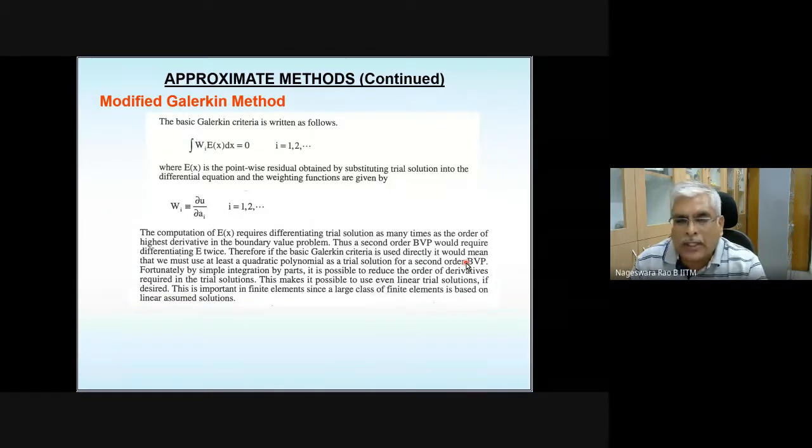In finite element method, you need to solve problems on your own, then only you will understand this method properly. And not only on pen and paper, you should be able to do some coding. Then only the real strength of this method is going to come out.